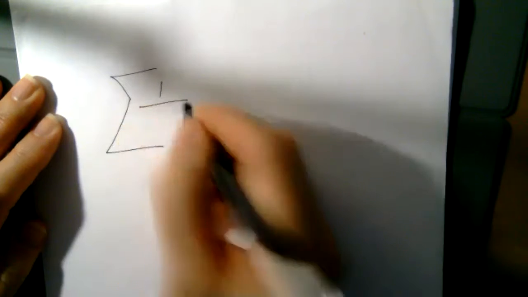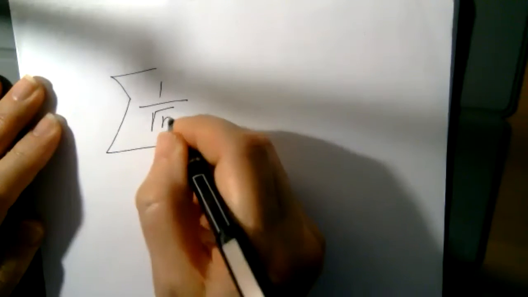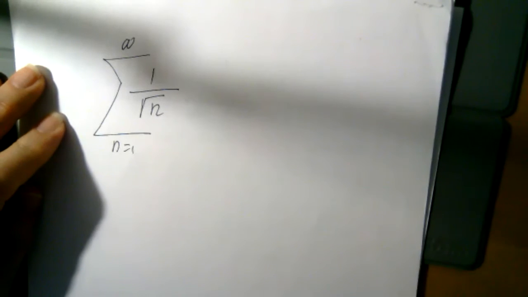So suppose I give you the following. I'm going to write them here. Sigma 1 over the square root of n. According to the test we just learned, does the series converge or diverge? First, is it a p series? Yes or no? Yes.